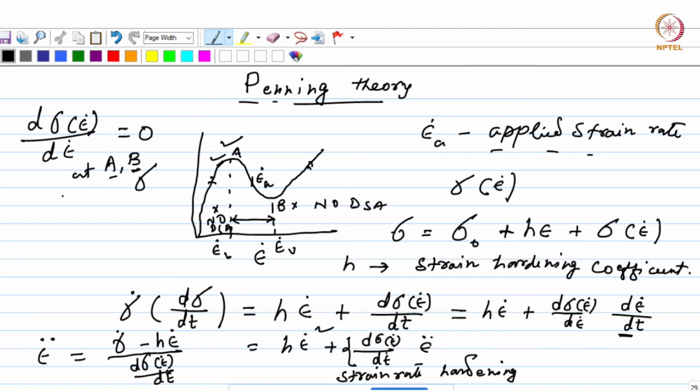So this term is in the denominator here, right?